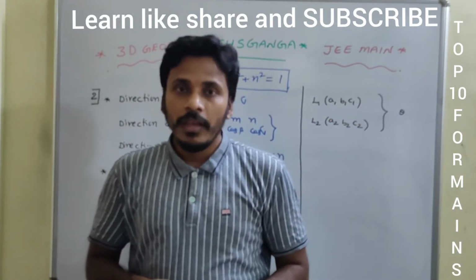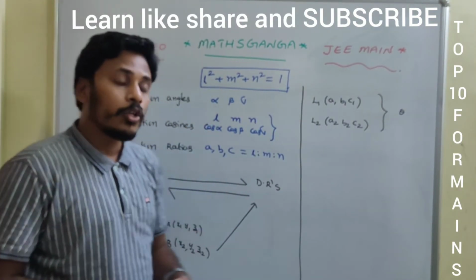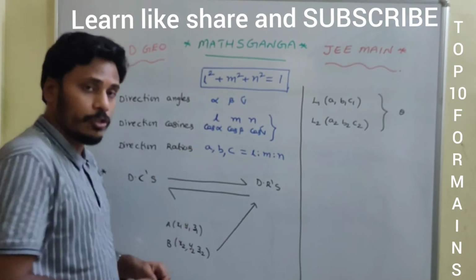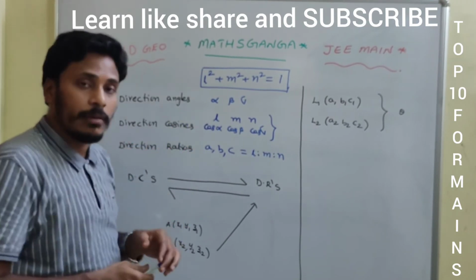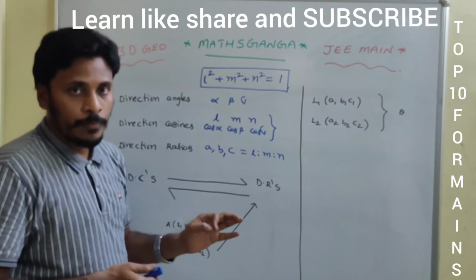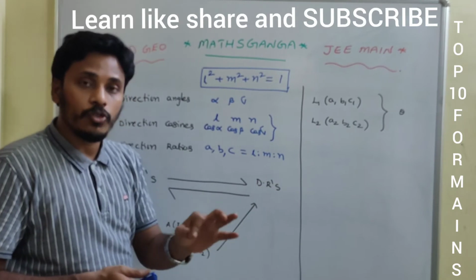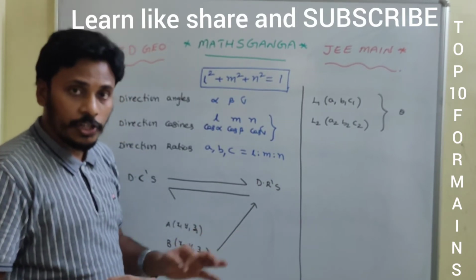And after that, in ratio to this L, M, N, if you consider any set of numbers, those numbers are called direction ratios. Direction ratios are 3 numbers, usually A, B, C, which are in the same ratio as L, M, N. Okay, any set of numbers which are in the same ratio as L is to M is to N are called direction ratios.